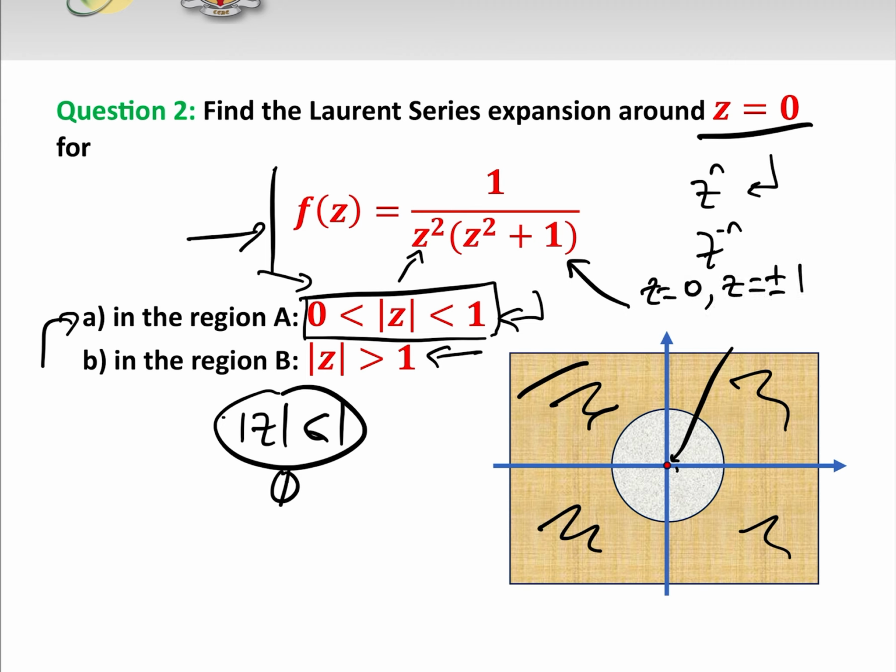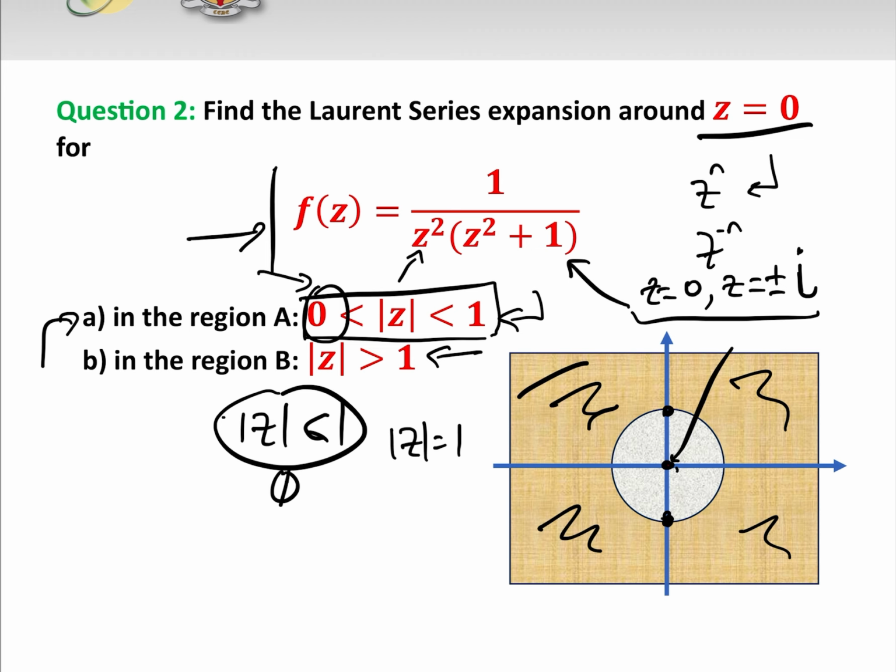Also there's a singularity at z equals plus or minus i, and therefore if any of these singularities were within our region, then the function wouldn't be analytic. But because we have specifically excluded 0, and also we have excluded the points mod z equals 1, therefore i and minus i, which are those two points, and 0 are all excluded from both regions A and B, so therefore we know the function here is analytic, so we can go and expand it.